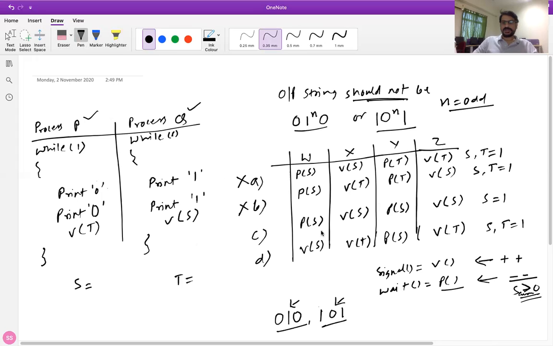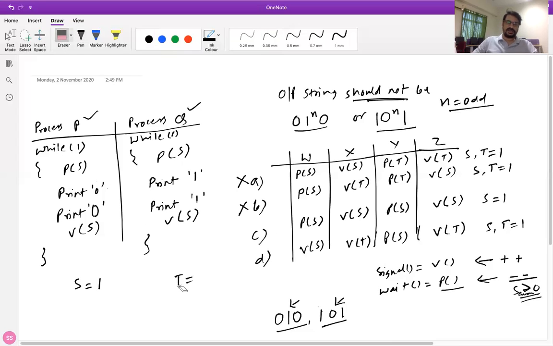The third option says that it should be PSVS, then PSVS, PS, VS, and then PS and VS. And it is taking only one semaphore, that is S equal to 1.